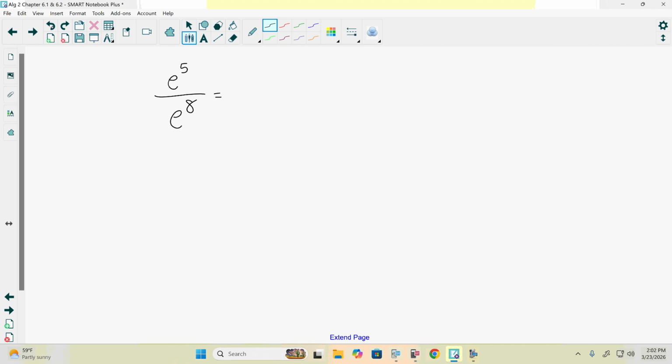And more, if we did it by the definition of dividing like bases, it would be the base, whatever it is, to the top exponent minus the bottom. Well, 5 minus 8 is negative 3. But to make it positive, we've got to move it back. If it's bigger on bottom, it's going to stay on bottom.